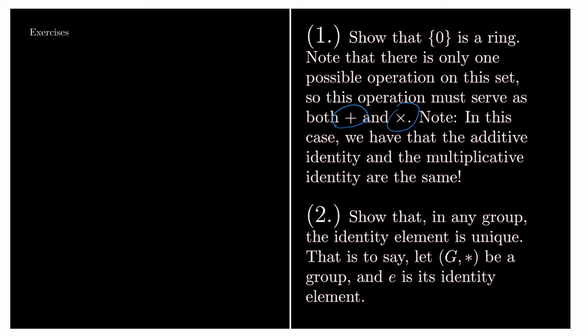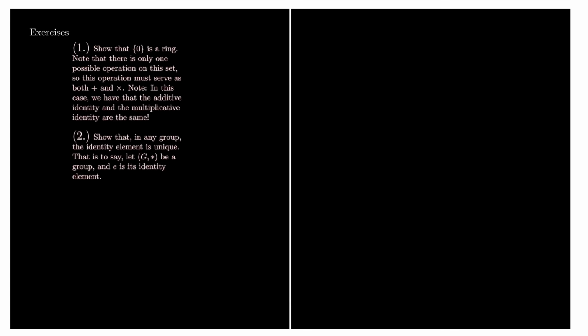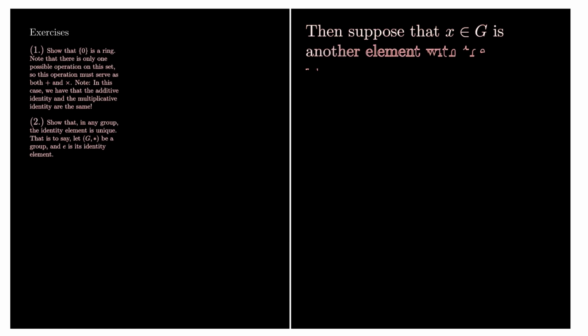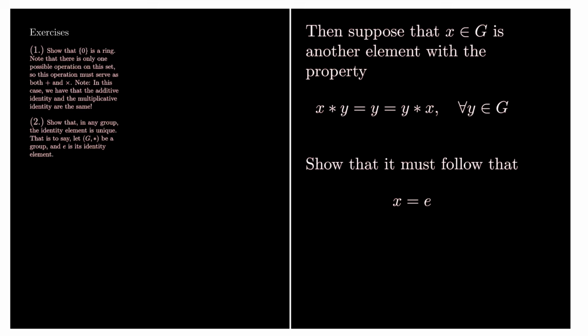Okay, for problem number 2, suppose that you have any group, and you are to show that in any group, the identity element is always unique. Now, to say a bit about how you approach a problem like that, in any mathematical setting, when we talk about something being unique, somewhat formally what that looks like is that you assume any other element has the same property.